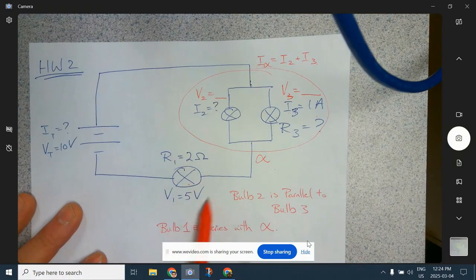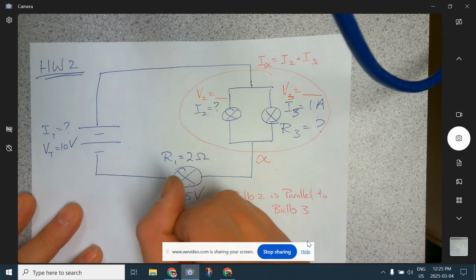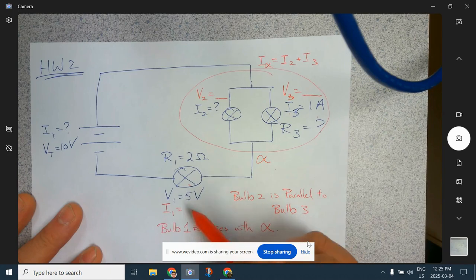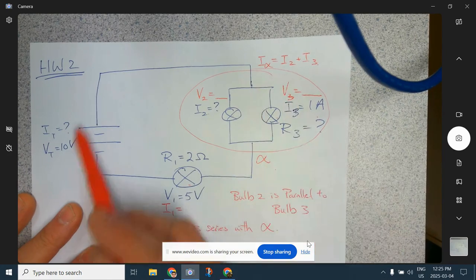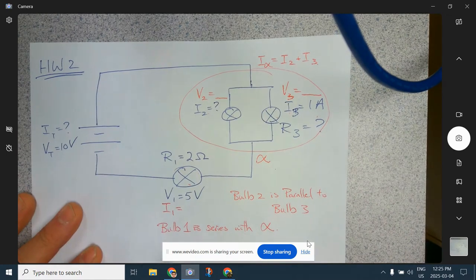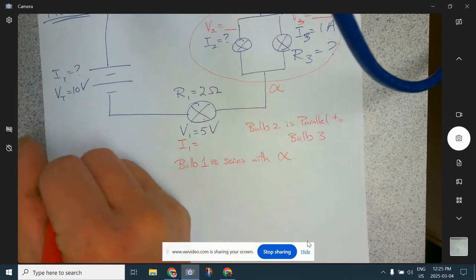So right now, if you look at light bulb number 1, we have resistance, we have voltage. We can totally find I1. I know the question didn't ask for it, but the more information we have, the easier it is for us to find I total. So let's look at that first. I number 1.